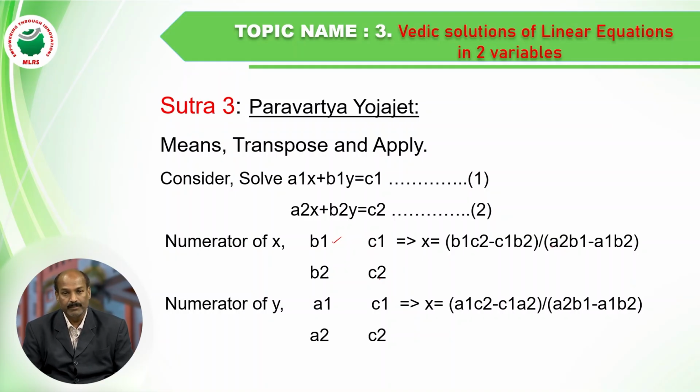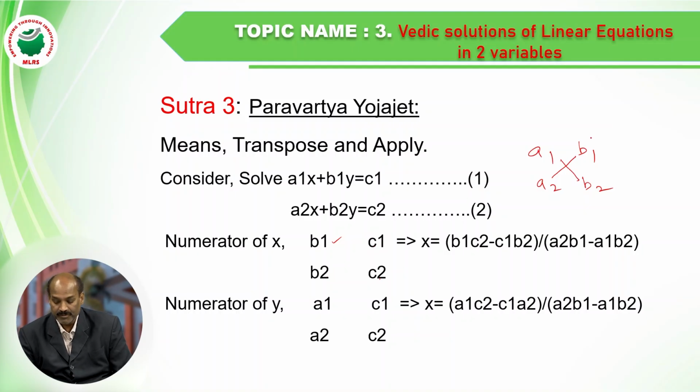The denominator is common in both values x and y. How do we write the denominator? Here we take the coefficients of the given system of equations, the x column and the y column: a1, a2 and b1, b2. We take a2 into b1 minus a1 into b2.